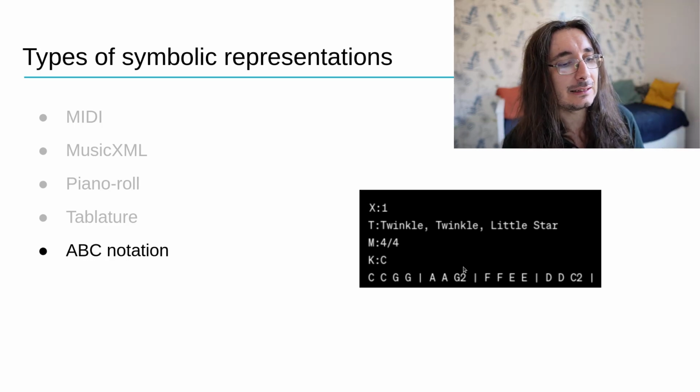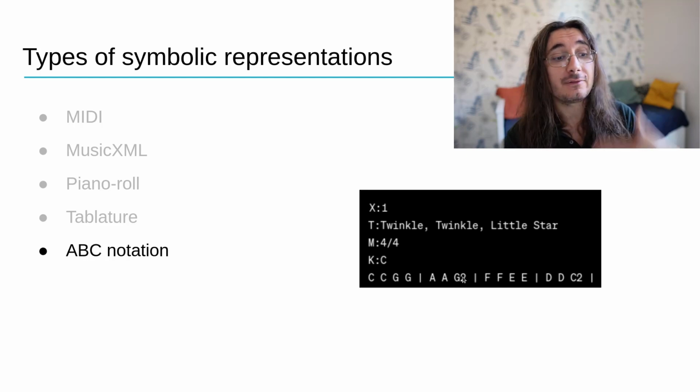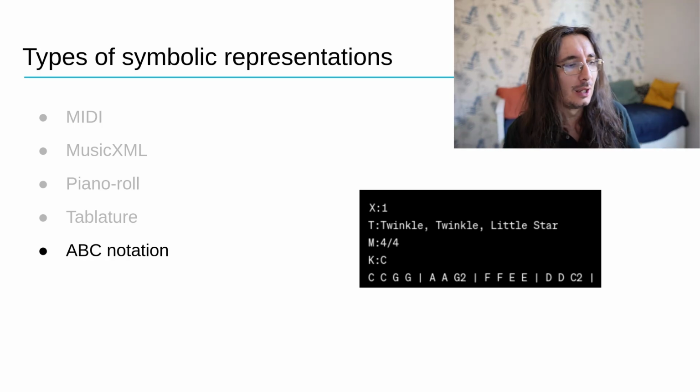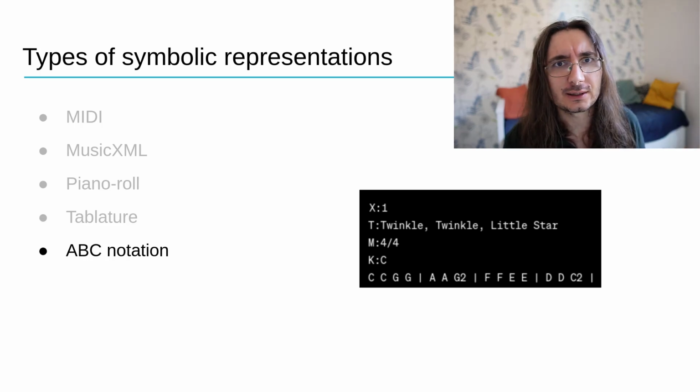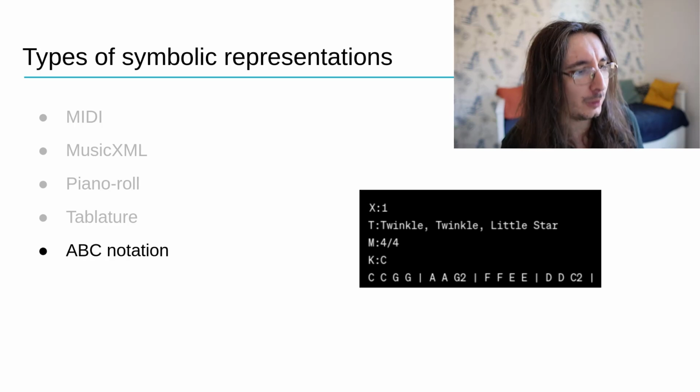In the second bar, you'll see that we have this G2, 2 being a half note. So you get the idea. This is a very handy representation that you can use for feeding musical information into a generative music system, for example a neural network.